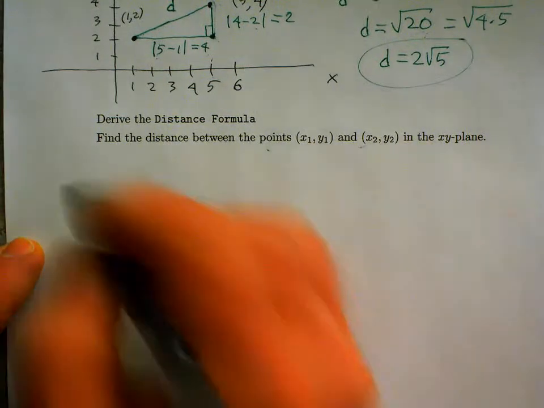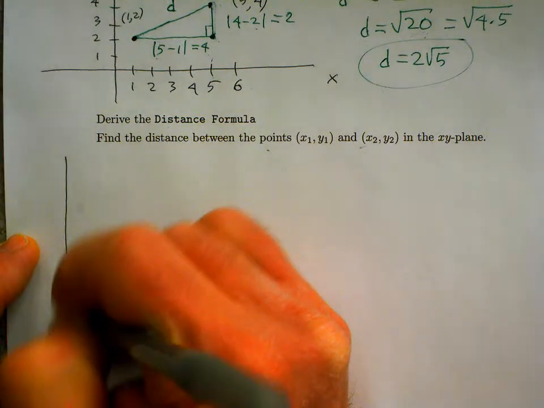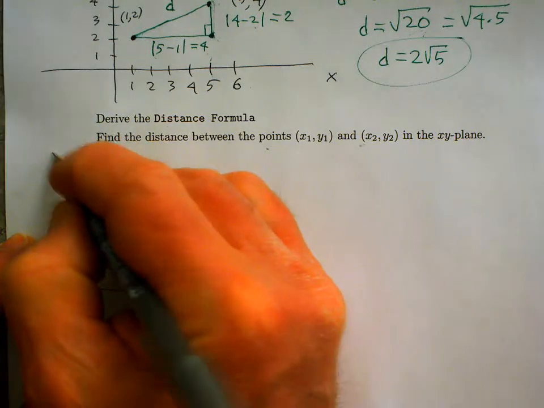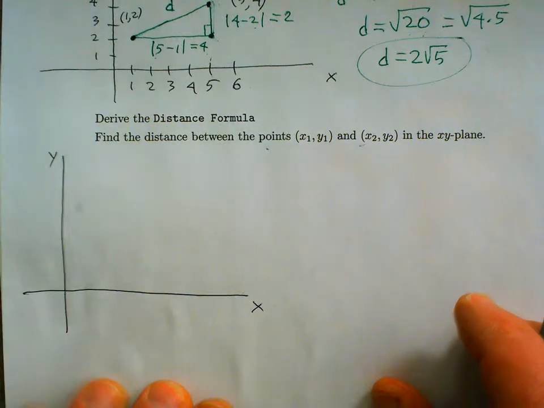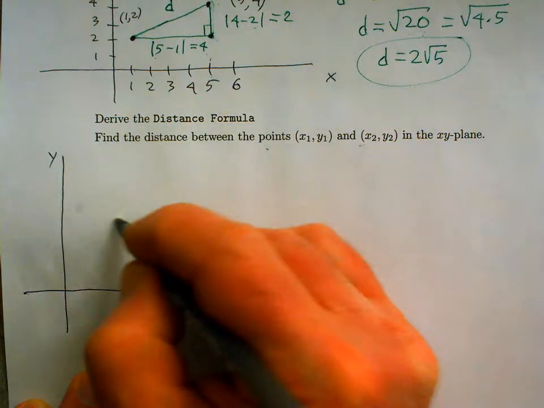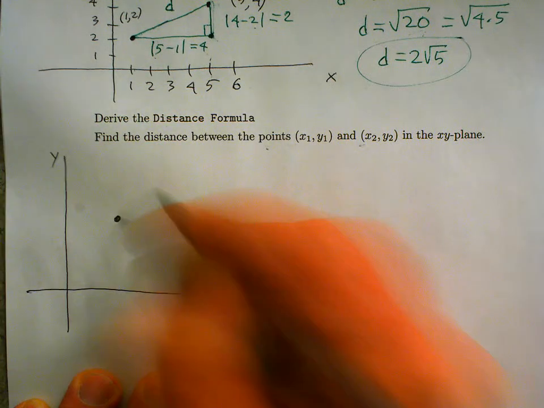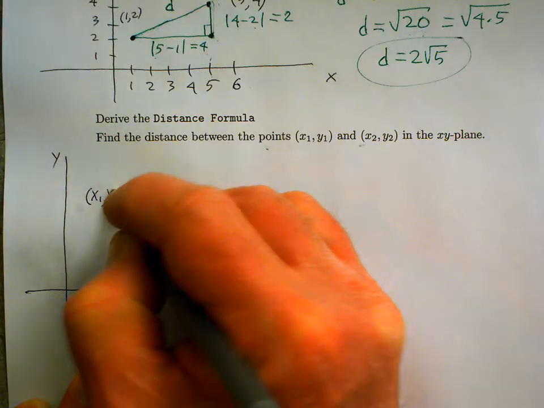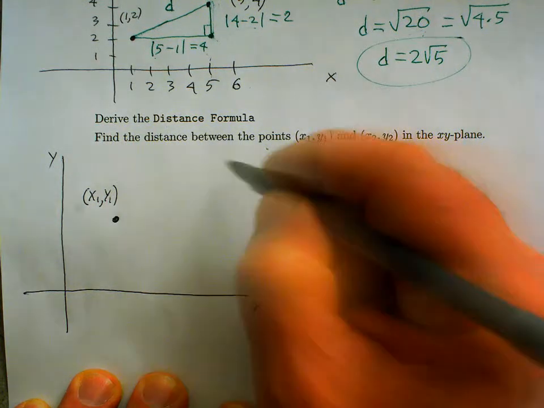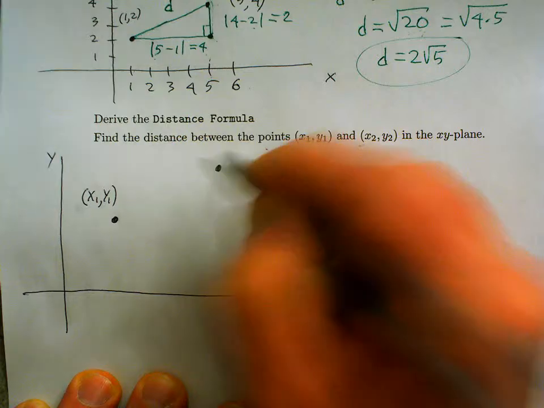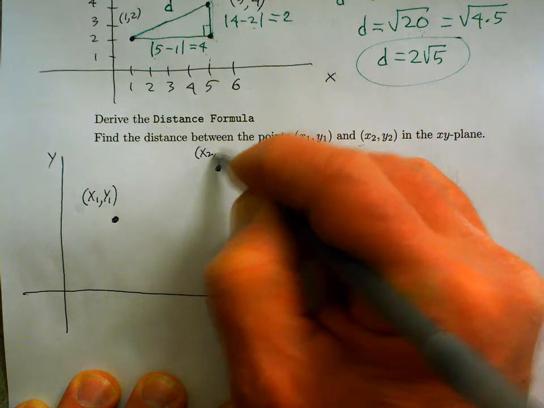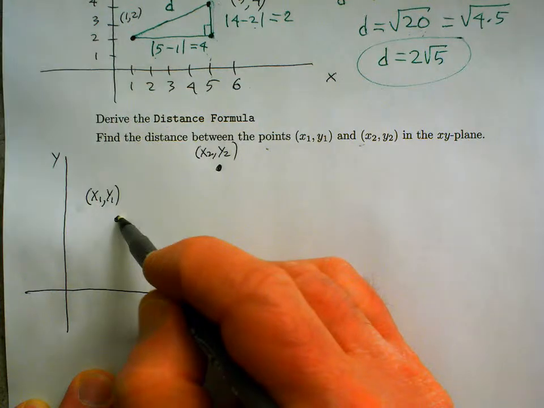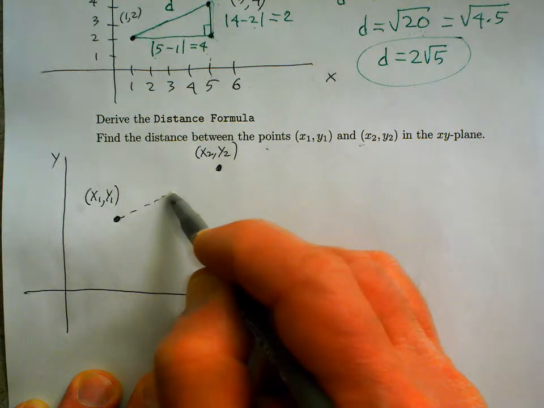So for assistance, we'll just draw the x and y axes in the xy plane, and I'll pick a point and label this as the point with coordinates x1, y1, and then another point that has coordinates x2, y2. And we want to find the distance between those 2 points.